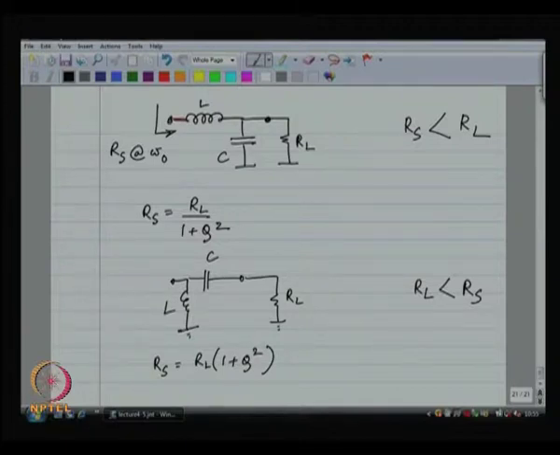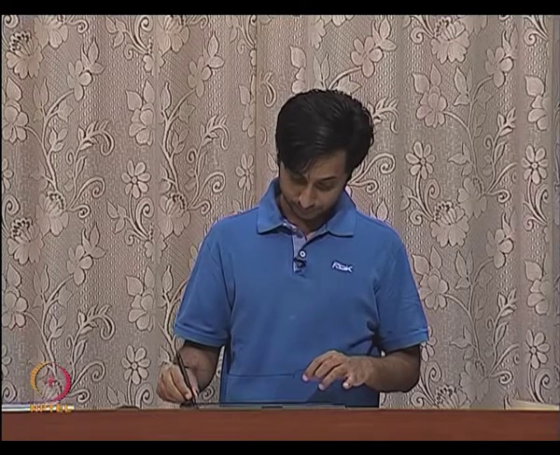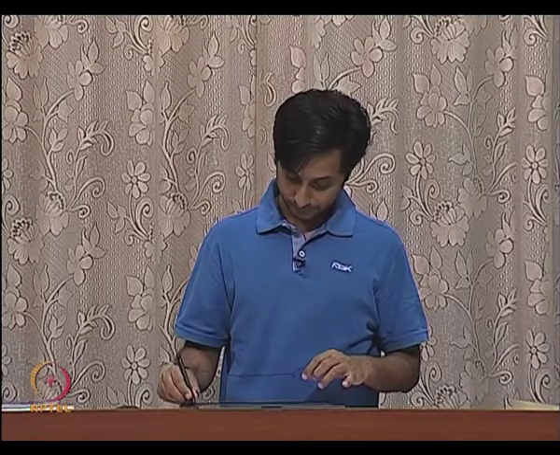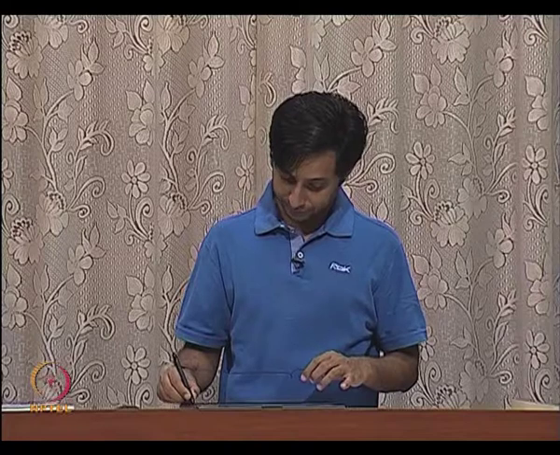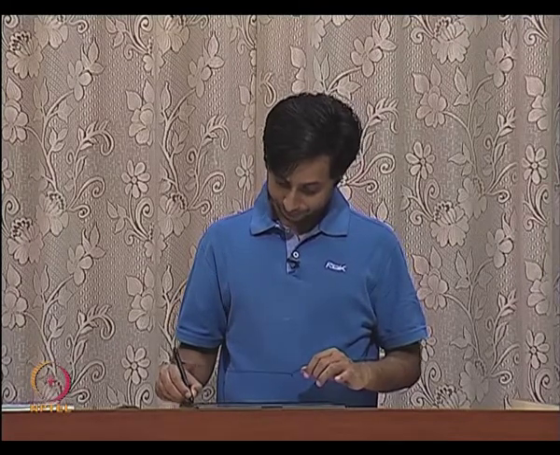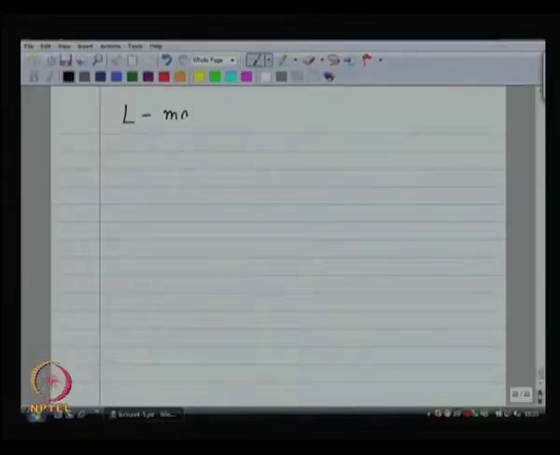Okay. So, we have 4 matching networks. All of these matching networks are broadly called the L match. So, there is no more space to write over here, but all of those are called the L match. L is not because of inductance, L is because of the shape of the matching network.